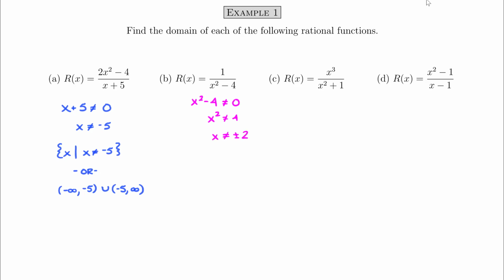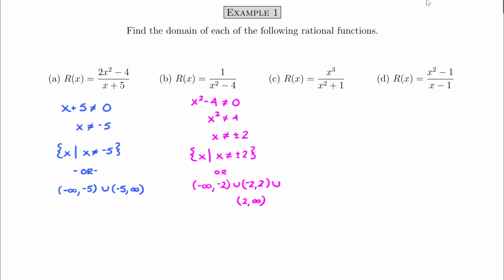So we get that x cannot be plus or minus 2. In set notation, it's x such that x cannot be plus or minus 2. In interval notation, it's going to be negative infinity to negative 2, union negative 2 to 2, union 2 to positive infinity.